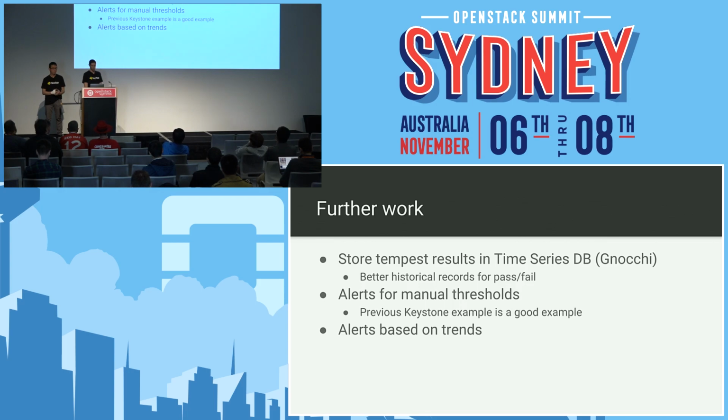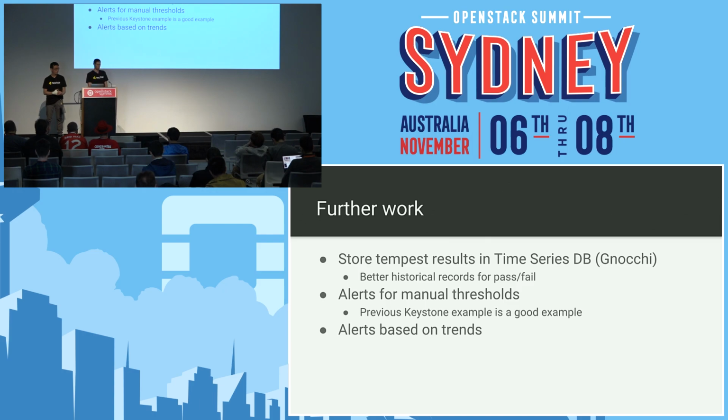We'd also like to have alerts based on thresholds. So in the example before, where the Keystone response time was going up to 20 seconds, ideally we would have had an alert well before then, at say 5 seconds even, so that we get a heads up before users start complaining.